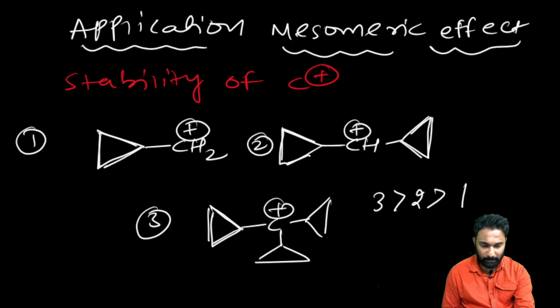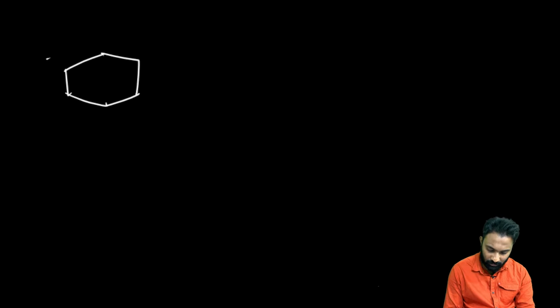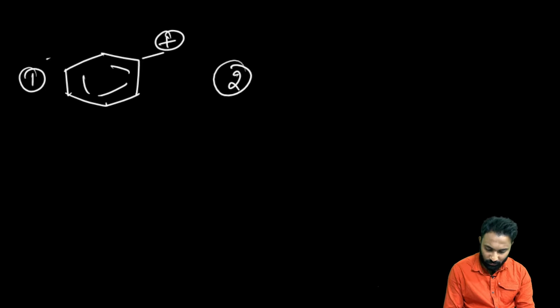Now next. Next we are going to see the next type of carbocation. This is 1.